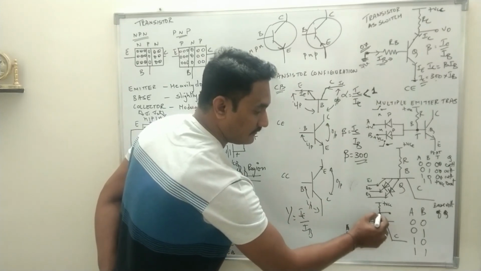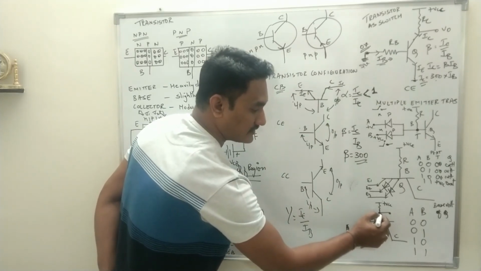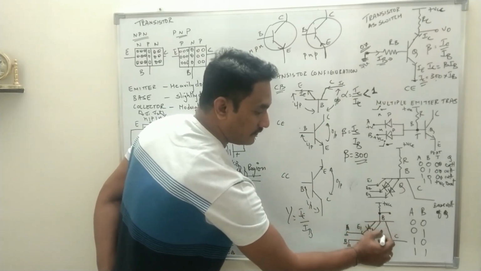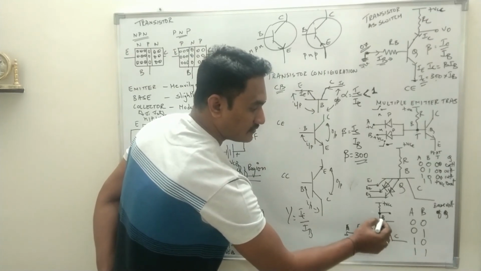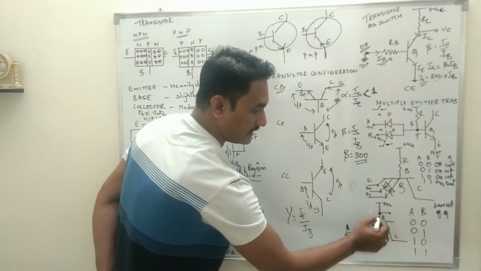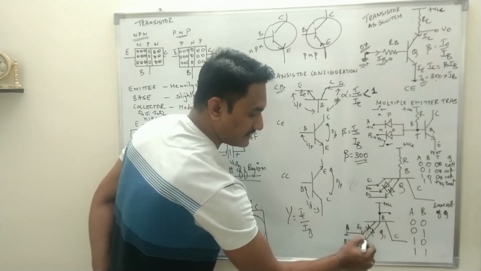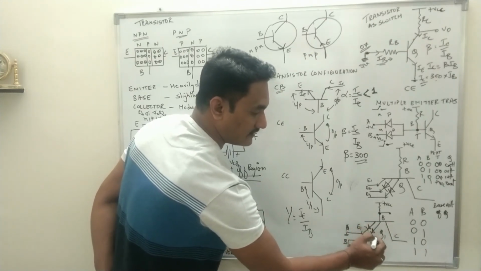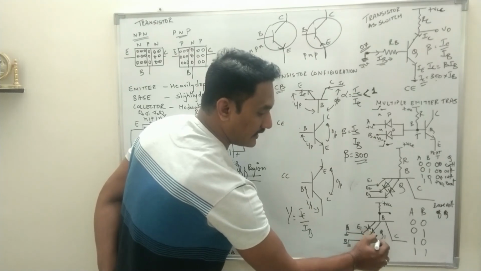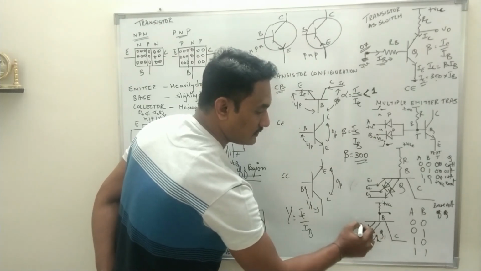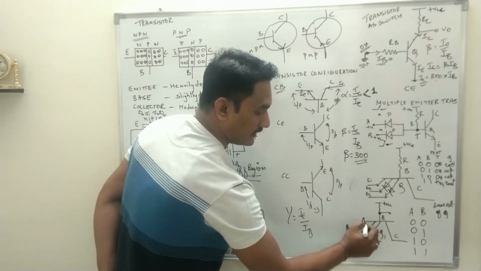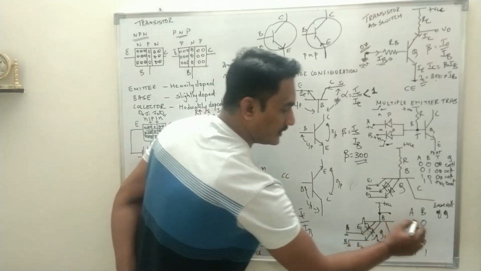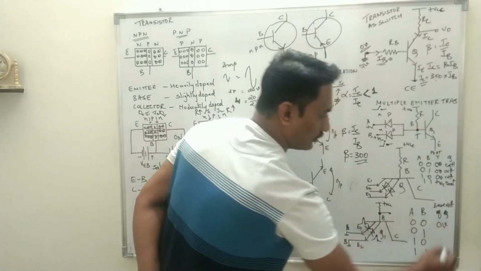So if you take the potential at this point, which is the base voltage of your transistor Q1, the base is connected to ground through the diode, because the diode is forward bias and acting as a closed switch. So the base is connected to ground, so base voltage will be 0 volt.